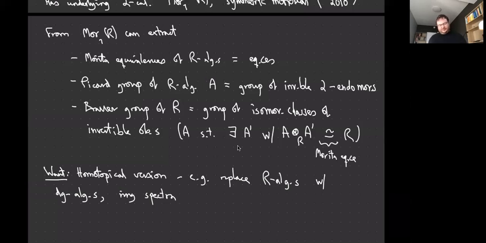One motivation for wanting to do that is to understand more fancy homotopical versions of invariants like this. The Brauer group of a commutative algebra R is quite closely related to the first étale cohomology group of R with G_m coefficients.